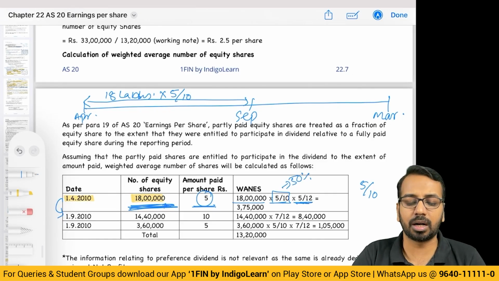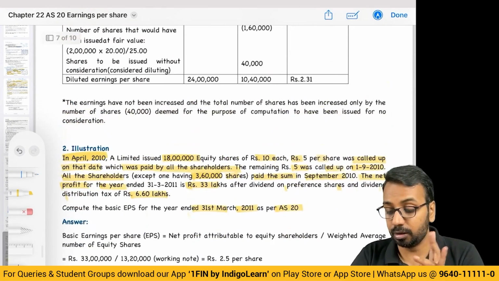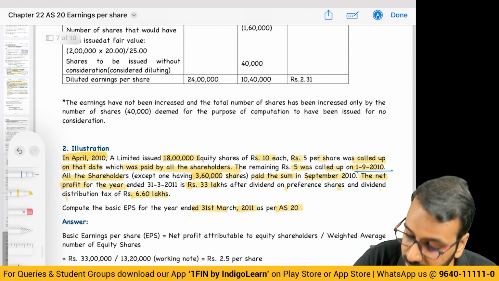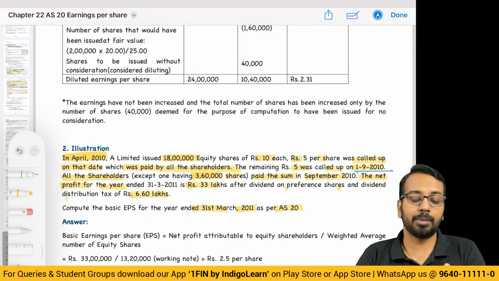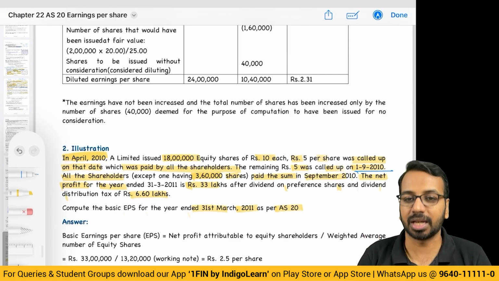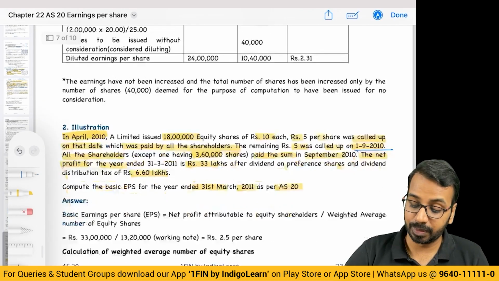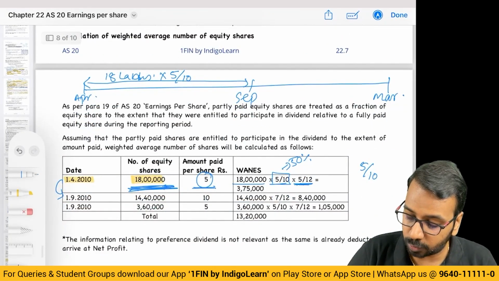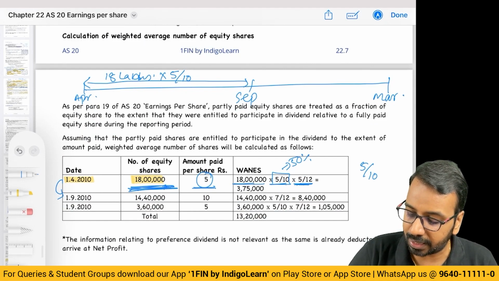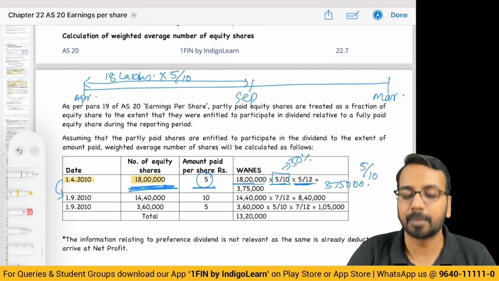Why into 5 by 12? April, May, June, July, August. Now, very careful. Just because they have given 1st of September, sometimes what students do is April, May, June, July, August, September, they'll take 6 months. Please be careful in counting. We cannot make counting mistakes in the examination. Okay. So, 5 months, 5 by 12. So, 18 lakhs into 5 by 10 into 5 by 12, we have 3 lakhs 75,000.